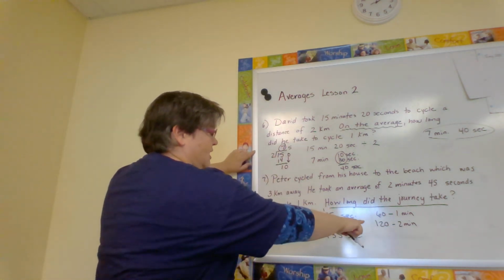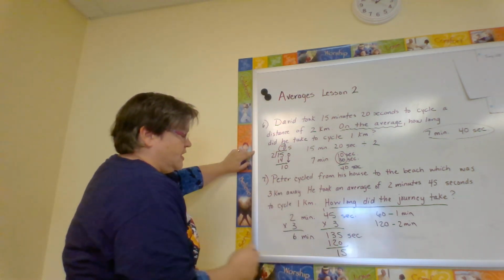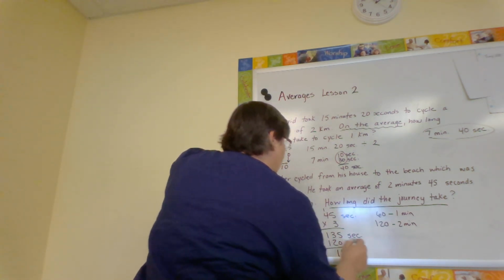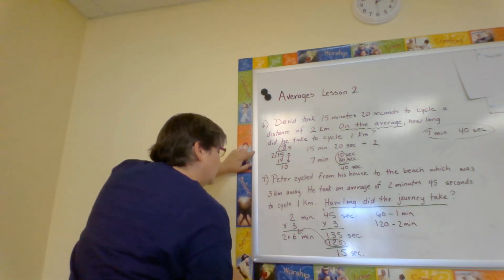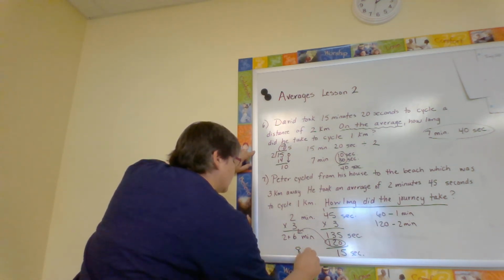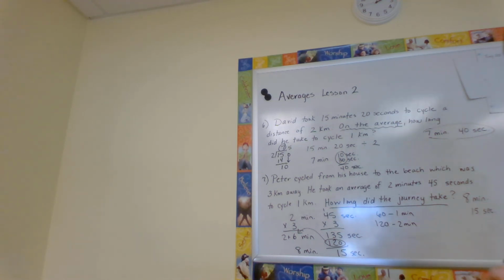But I can take 2 minutes out of it, so I'll take 120 seconds. I'm left with 15 seconds, but I have to take those 2 minutes out and add them over here. So 2 plus 6 is 8. So my answer here, it took him 8 minutes and 15 seconds. That's what the whole journey took him.